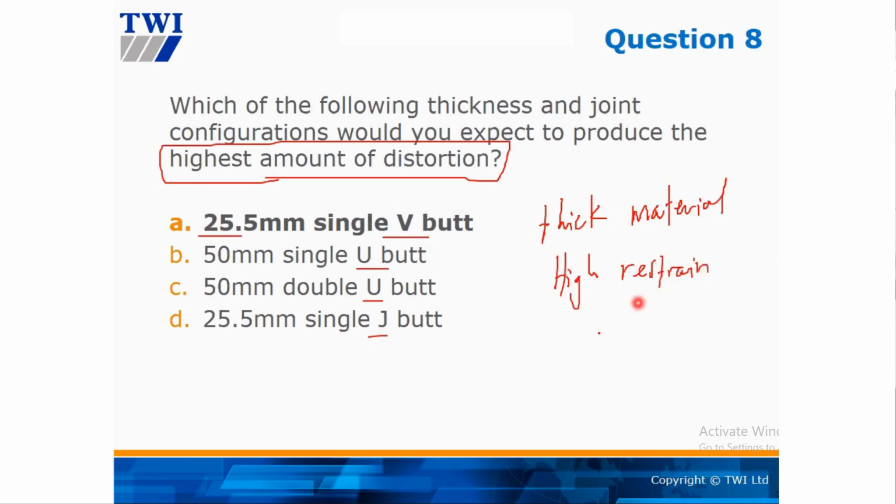When you got high restraint, low distortion. Here they ask for the highest amount of distortion. So that's where the answer goes to A, because you got small thickness. When you got small thickness, less restraint. Less restraint, high distortion. Clear about this? All right, number 9.